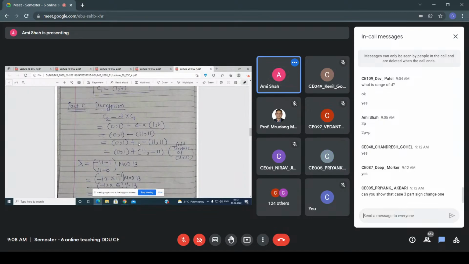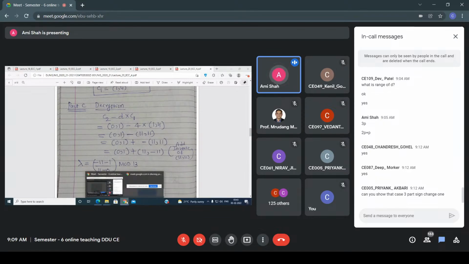Yes, ma'am. See, it's an additive inverse. When you read the theory, you can understand, Priyank. Read that theory part so you can understand. I have already explained, so I will not repeat that. Okay, ma'am, that case is covering that.